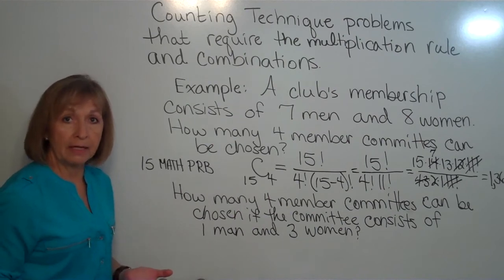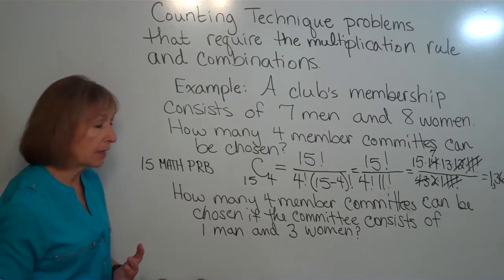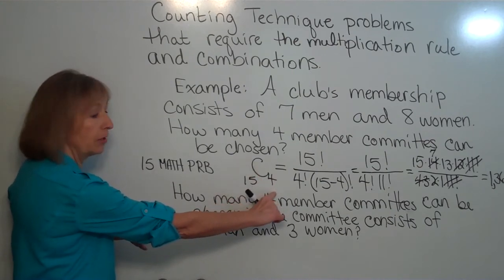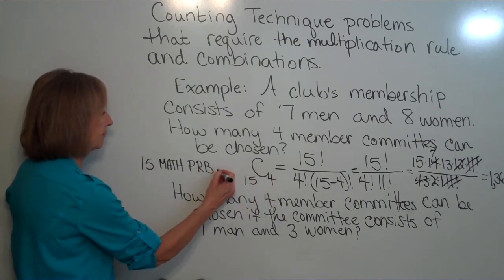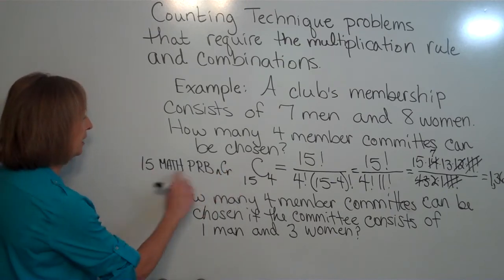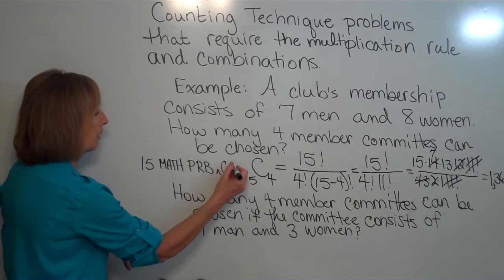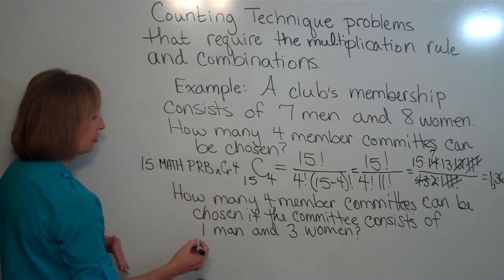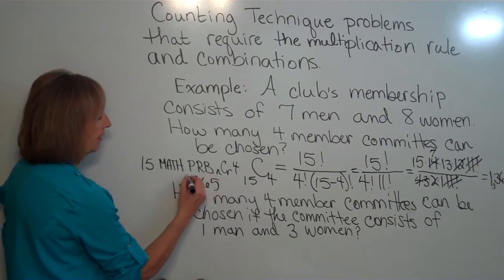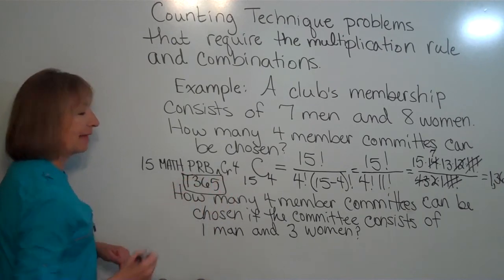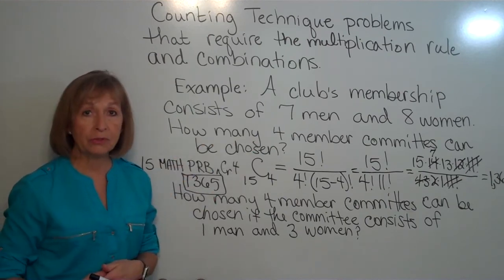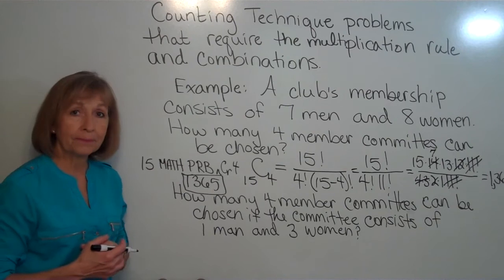And if you're on a TI-83 or TI-84, you go cursor down to the nCr option, push enter, and then put in your 4 and enter, and you again will see the 1,365 that we got by multiplying that out. So that's how many different ways a 4-member committee can be chosen from that club.